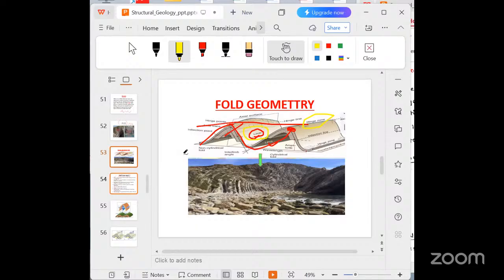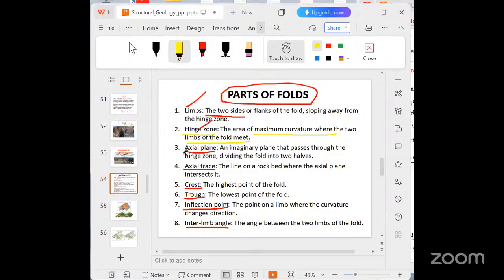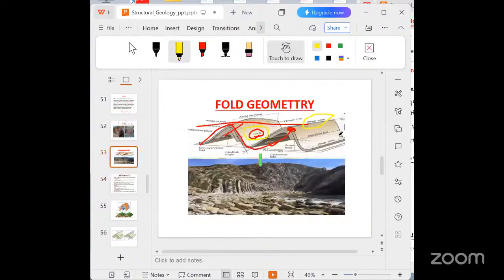And next one, hinge line. What is this hinge line? This line, right? Hinge line. So hinge line is the locus of hinge points of a particular bedding plane.